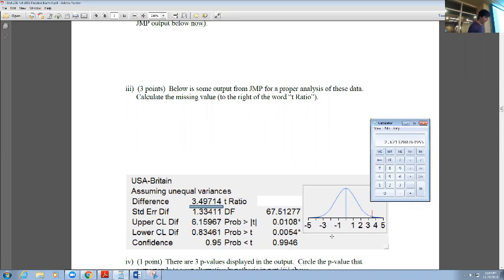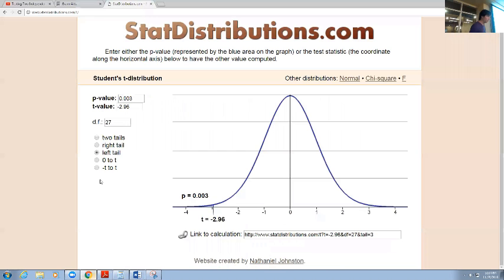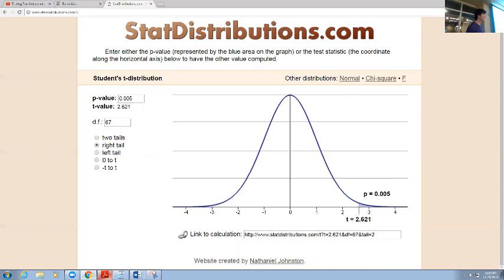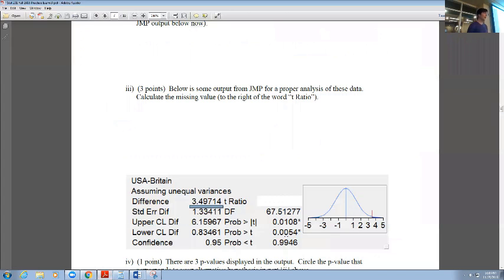Here's what you can't do on the test, is you can't go to the applet right here and plug in 67 degrees of freedom, which is just an estimate of our degrees of freedom, plug in the t, and then get the p-values of like 0.0005. Does everyone see that exact same p-value and the same graphic? Does that make sense to everybody? You can't do that. But you can see how the output relates.